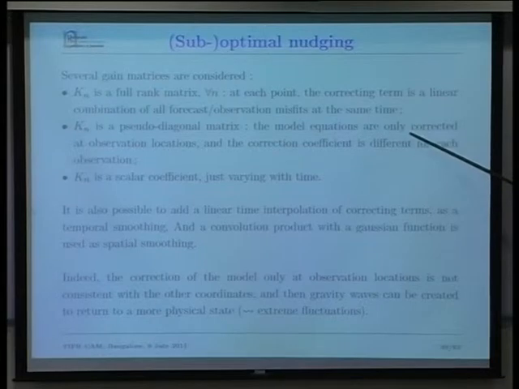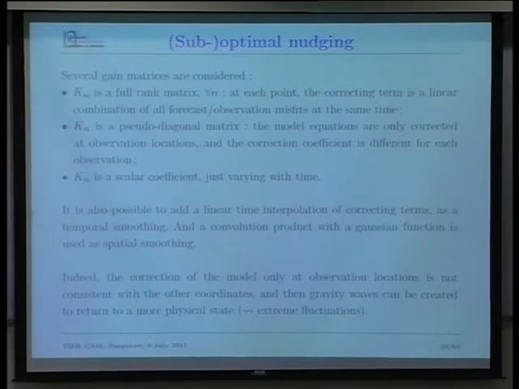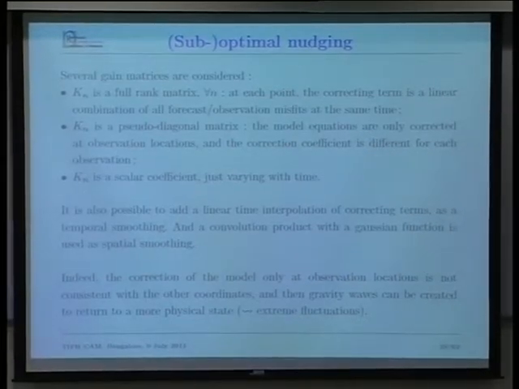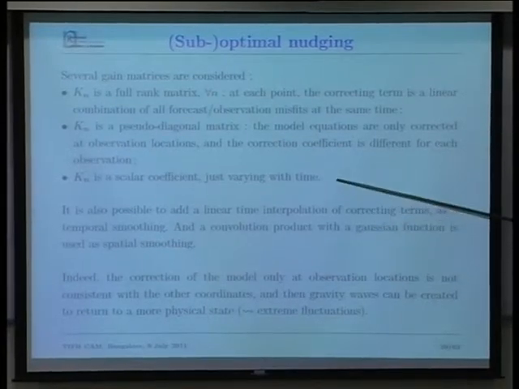Or you can use a pseudo-diagonal matrix, which means that you correct only at the observation locations. But then it's also a function of time, so the correction coefficient is different for each observation. Or you can assume that it's simply a scalar coefficient, so it's the same correction coefficient for all the available observations at a given time. So it's just a function of time.